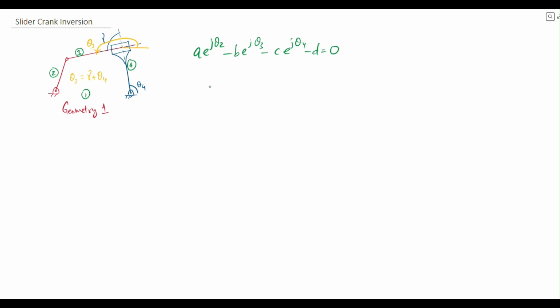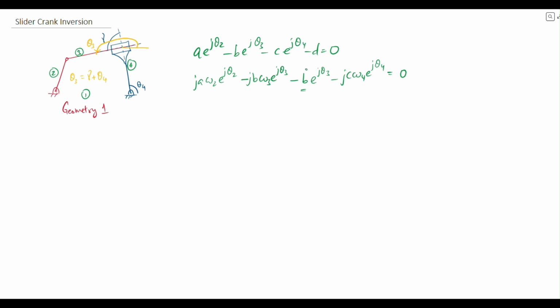And then we can take a derivative and we get j a omega 2 e j theta 2, j b omega 3 e j theta 3. We get an additional term b dot e j theta 3 and j c omega 4 e j theta 4 equals 0. So we got this term which was describing the velocity of this point as it moves away or closer to this point.